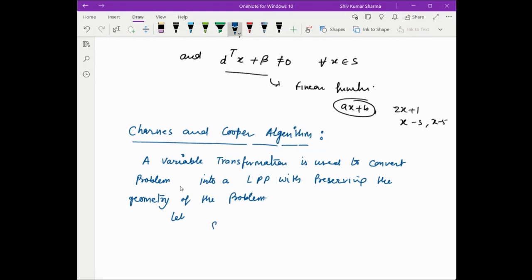First we focus on the denominator, d transpose x plus beta. We assume that this is 1 upon omega.